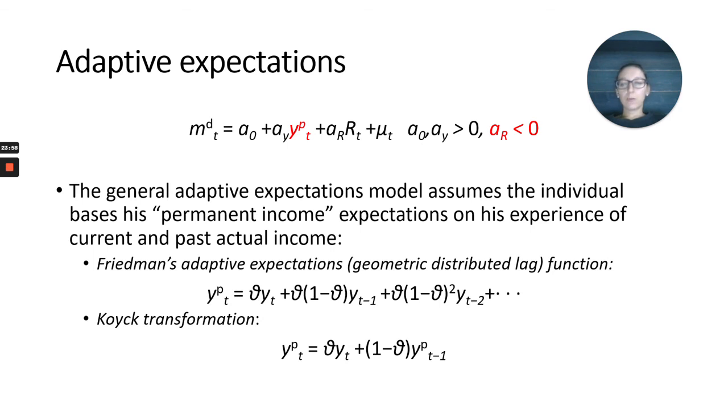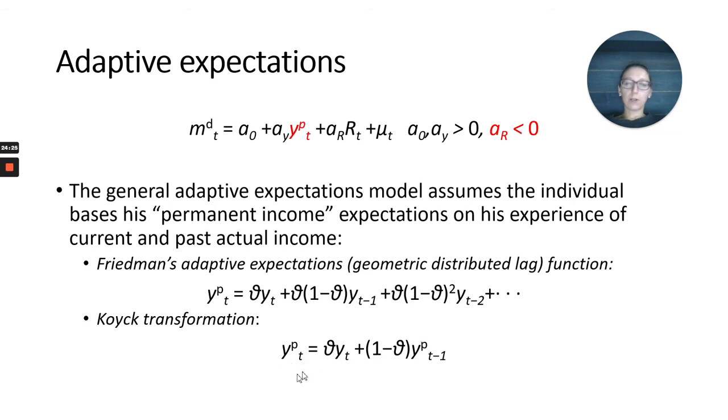There are two approaches presented in the textbook. One of them weights the income of the previous periods differently, saying that current income has the biggest importance on the permanent income, and the more lagged the income is, the smaller is the importance.